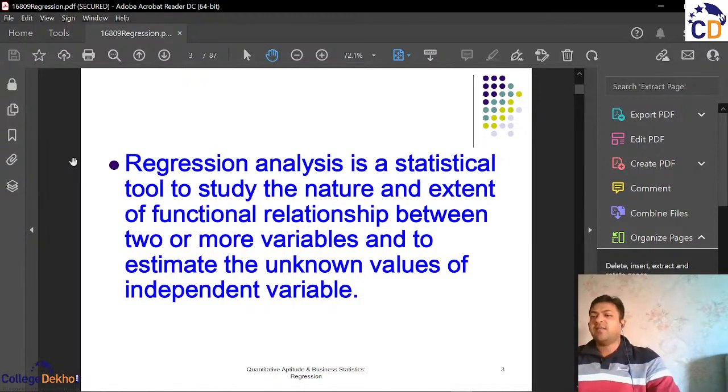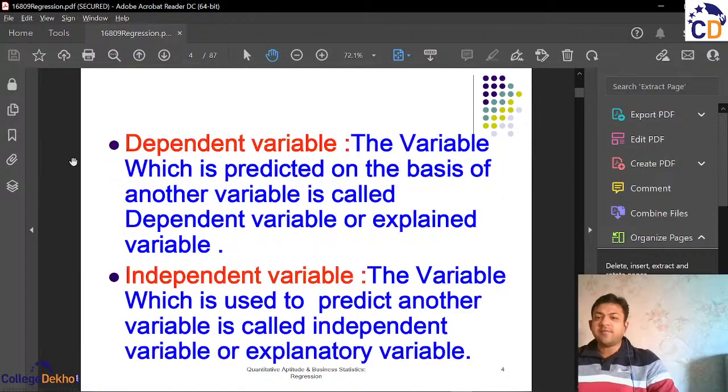What we mean by saying that is, suppose y depends upon x as per an equation y equal to 5x plus 7, then by putting in the value of x we can predict the value of y. So given the value of x we can find the value of y. This is called regression analysis. So we can predict the value of y given the value of x.